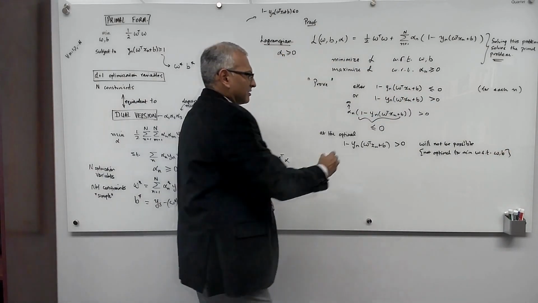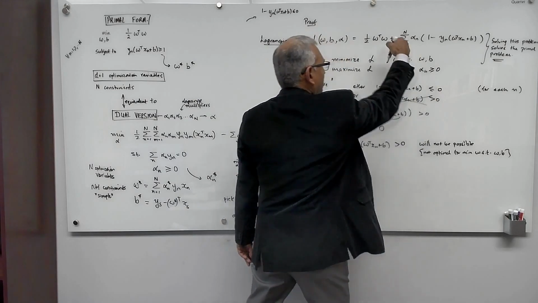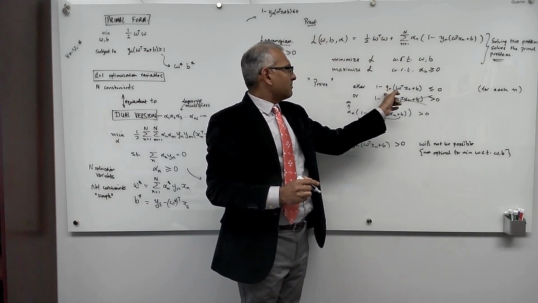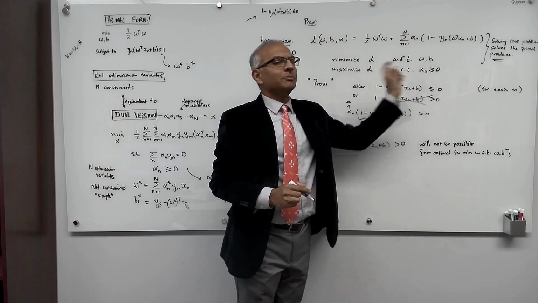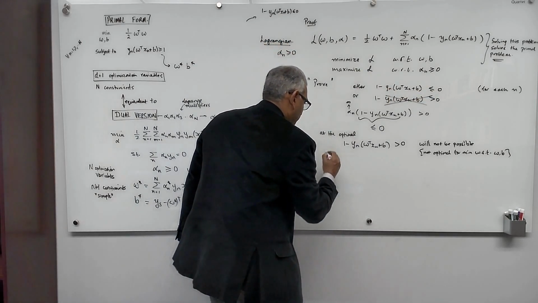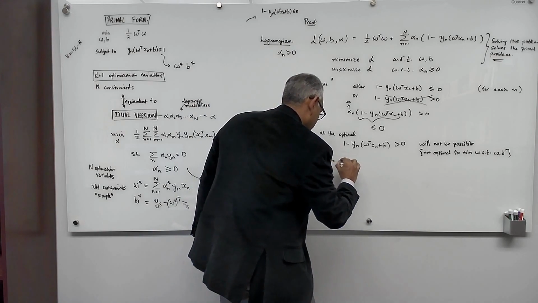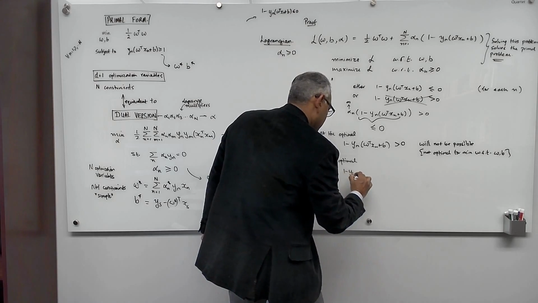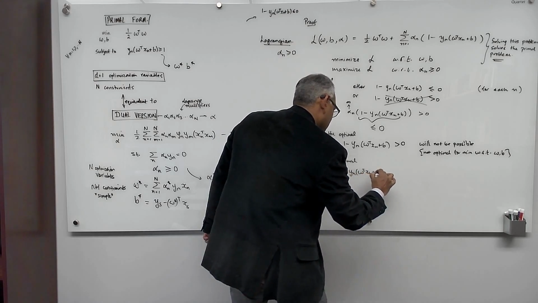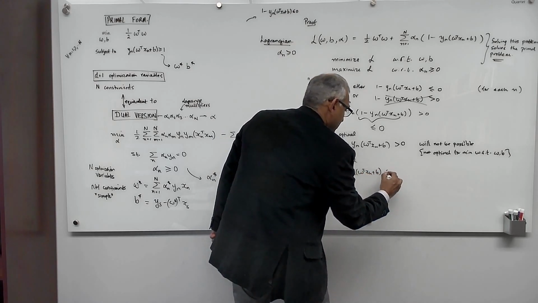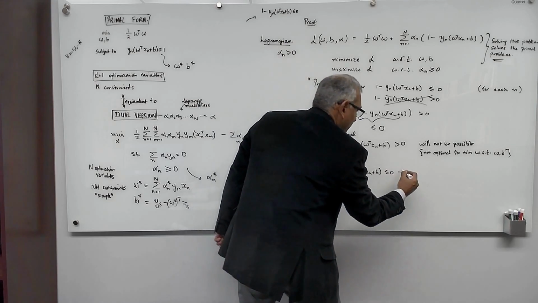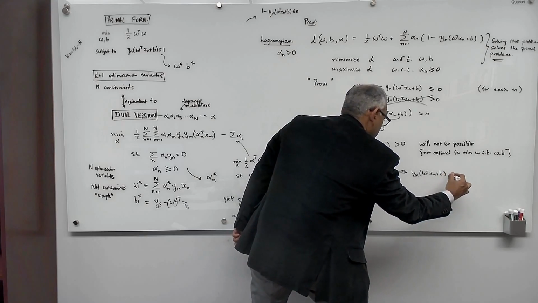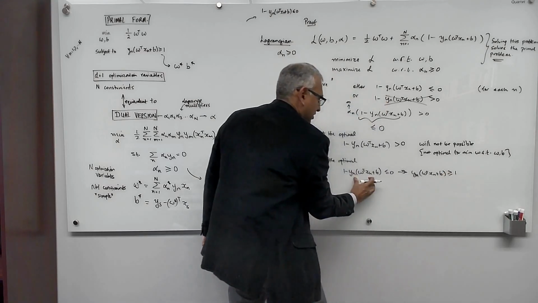When I solve this problem, it's going to be the case that for every n, 1 minus yn (w transpose xn plus b) will be less than or equal to 0, which implies that yn (w transpose xn plus b) will be greater than or equal to 1. Take this to the other side.